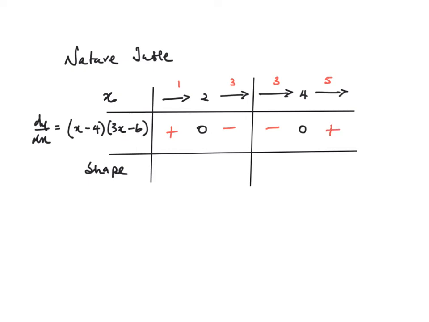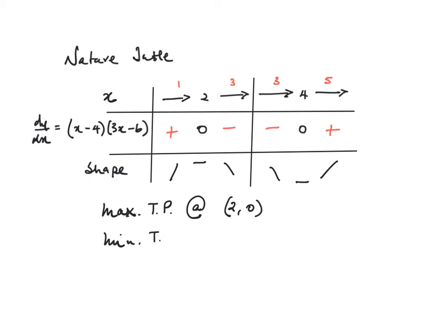So what do we have then? We've got a maximum turning point at (2, 4), and we've got a minimum turning point at (4, 0).